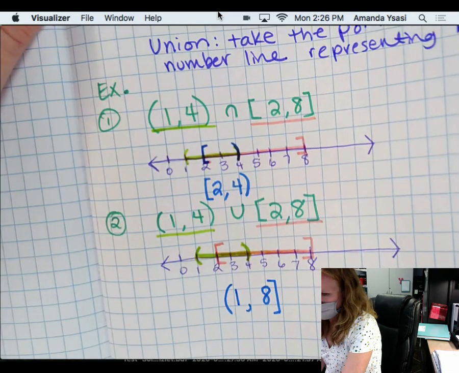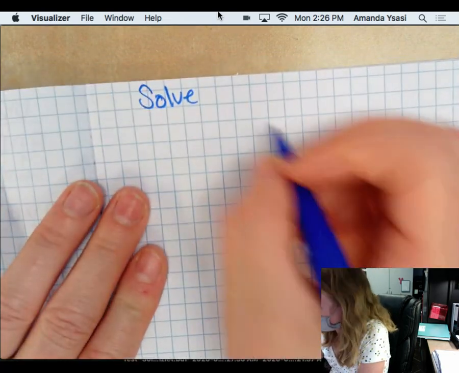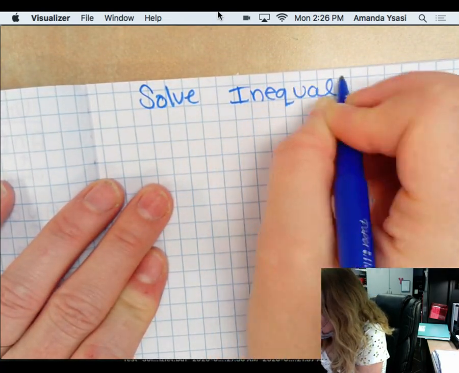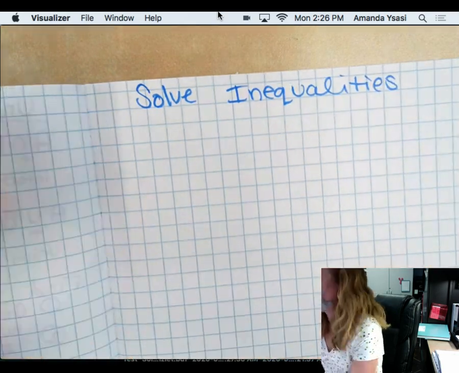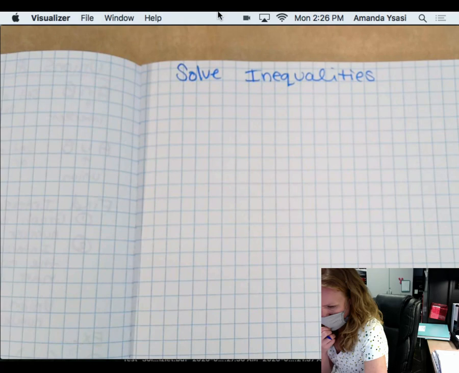Okay, so now let's talk about how to solve inequalities. So we're going to solve and we're going to graph them.